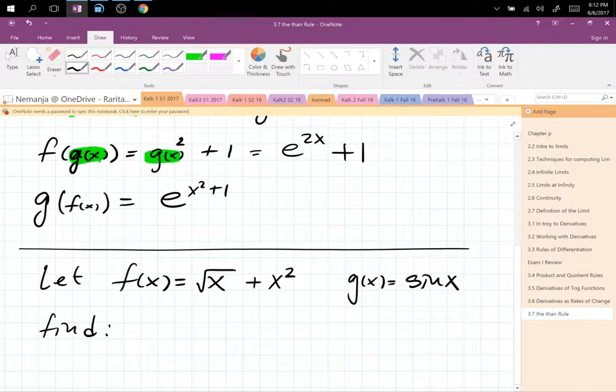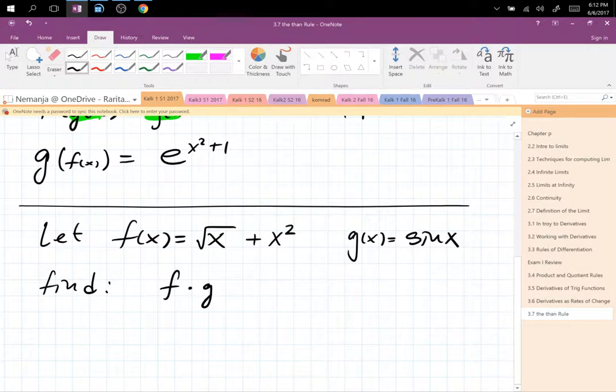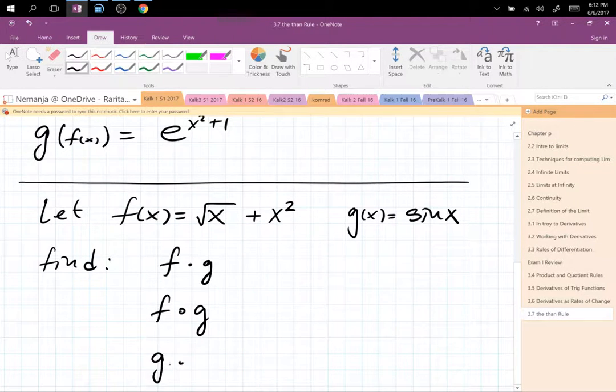Find f times g, f composed with g, g composed with f.